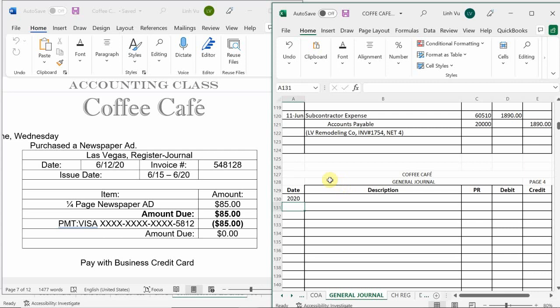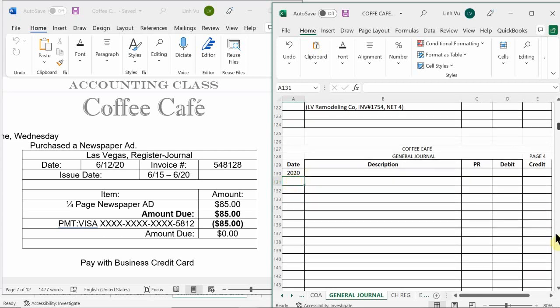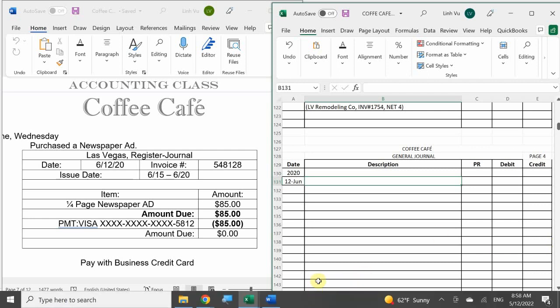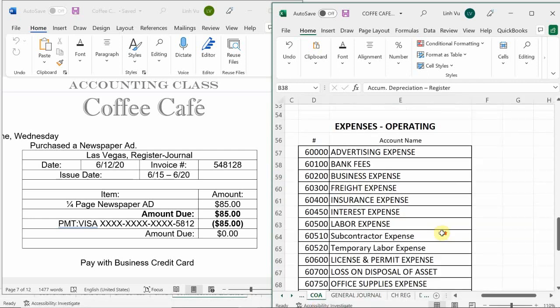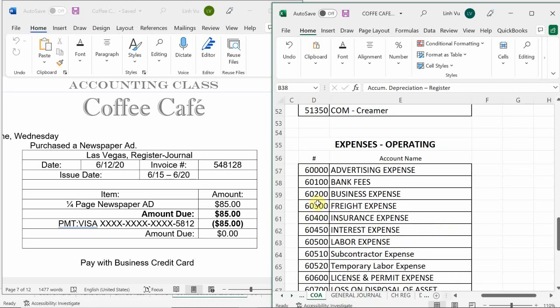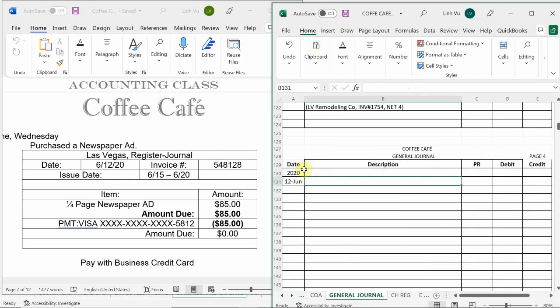So what did I do here? What did I buy? Purchase newspaper advertisement. We bought advertisement. Now let's take a look. Advertising expense for $60,000.